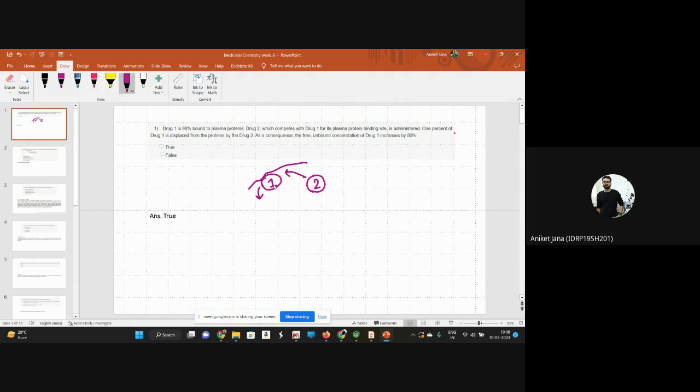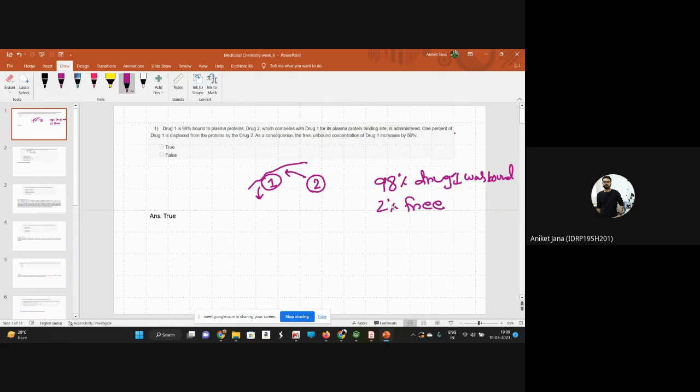So before administration of drug 2, 98% of drug 1 was bound, right? And 2% was free. So total 100%: 98% was bound to the plasma protein, and only 2% of drug 1 was free.